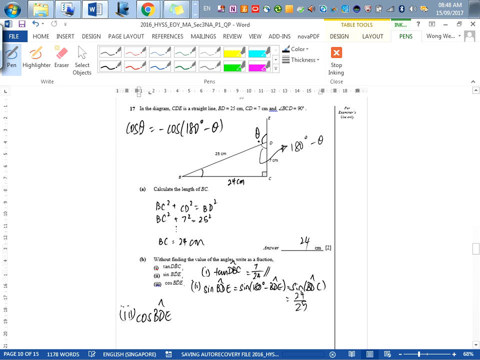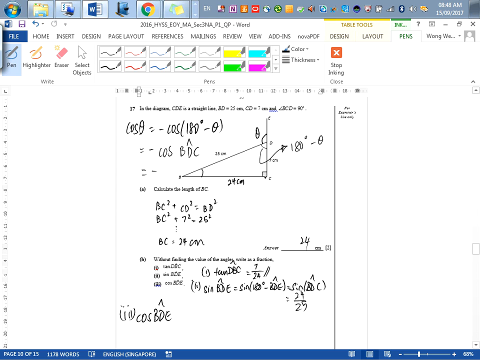So now, I cannot straight away find cosine theta because I do not have my right angle triangle. However, if I apply this relationship, I will get negative cosine BDC, because this is my 180 minus theta, BDC. Now it is easy to do cosine BDC.